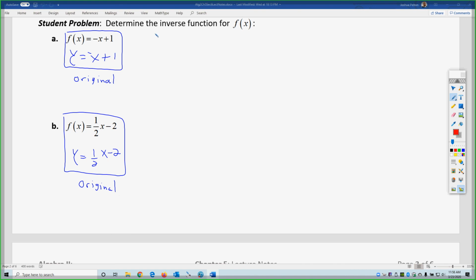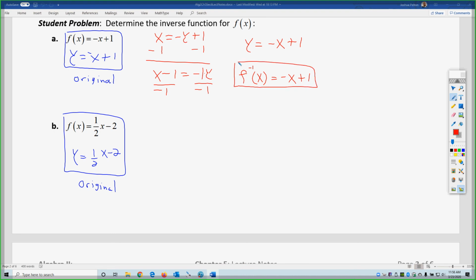So x becomes negative y plus 1. So we'll subtract 1. X minus 1 equals negative y, which is really negative 1y, right? And we'll divide by negative 1. So y equals negative x plus 1. So using the proper notation, f of negative 1 of x, which means inverse, is negative x plus 1. So that is the inverse function of the original.